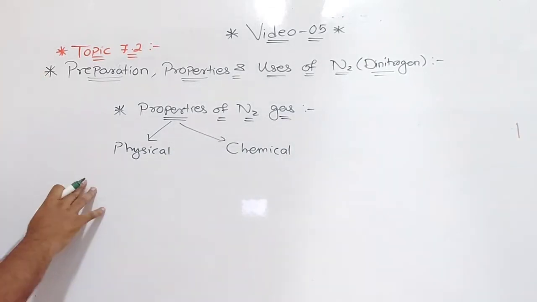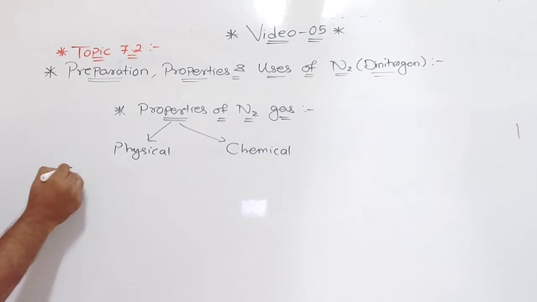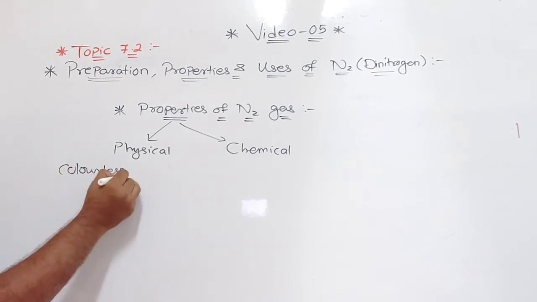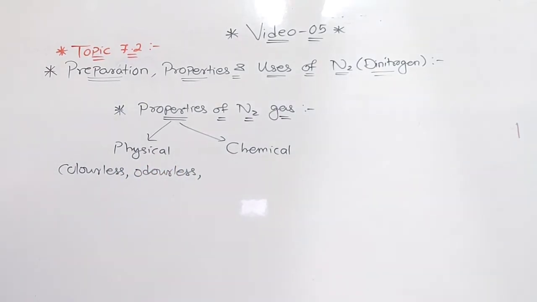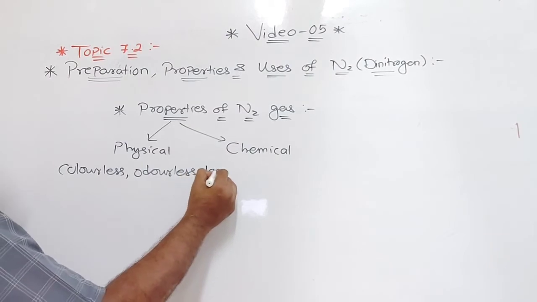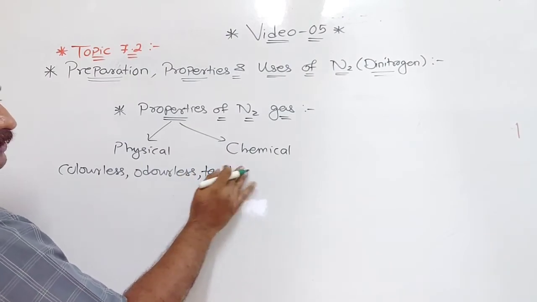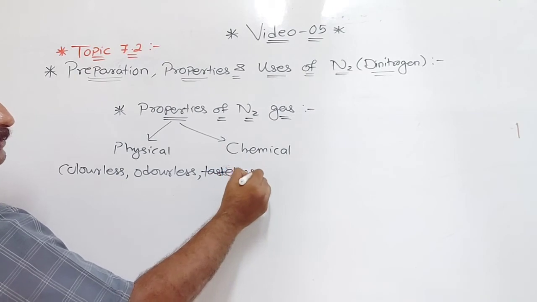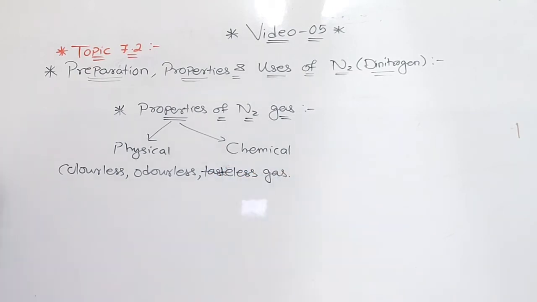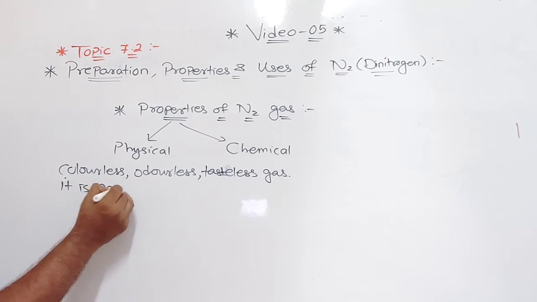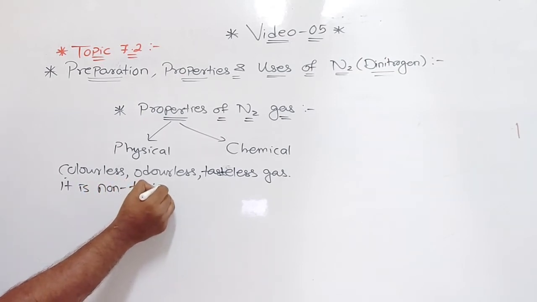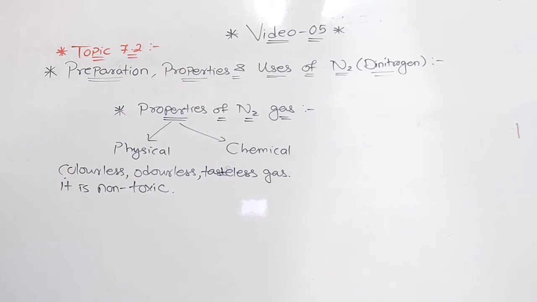In physical properties, we can write that it is a colorless, odorless and tasteless gas, and it is non-toxic, meaning it will not cause any harm if you breathe it. Understood?